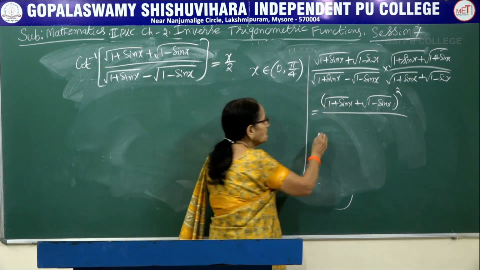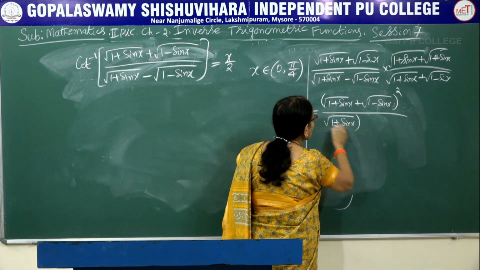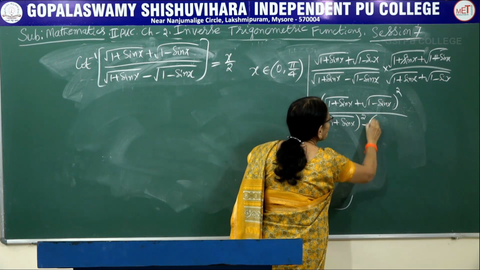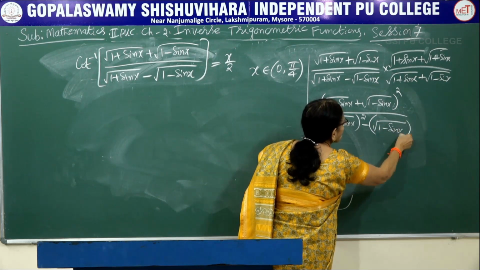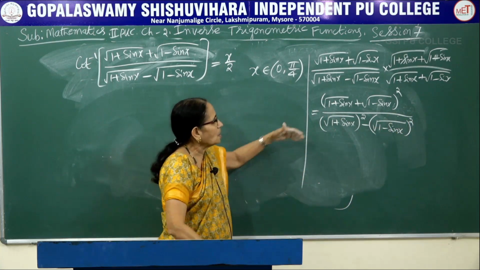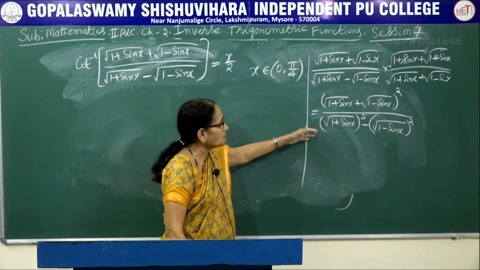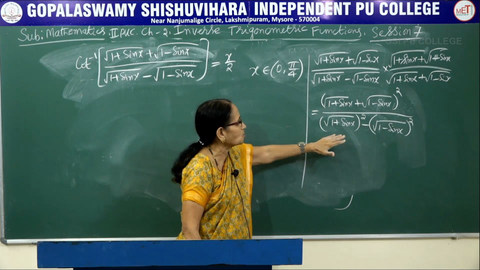What is a here? A means it is root of 1 plus sin x the whole square. B means root of 1 minus sin x the whole square. So I am making use of the algebraic formula of high school classes, a plus b into a minus b is a square minus b square.